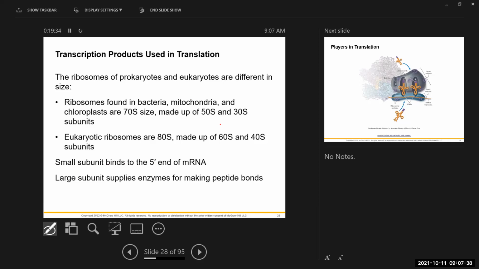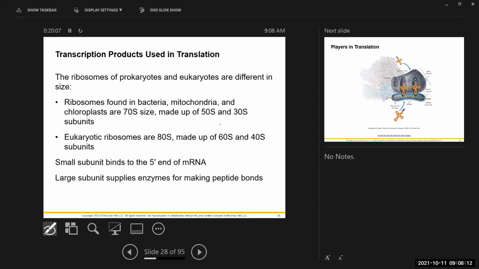There's two subunits to the prokaryotic ribosome. A small ribosomal subunit that's 30S, and a large ribosomal subunit that's 50S. Now, I know 50 and 30 don't add up to 70. The reason for that is that once you put these two together, that changes their size, their shape. Because it changes their shape, that modifies their descent in the centrifugal field.